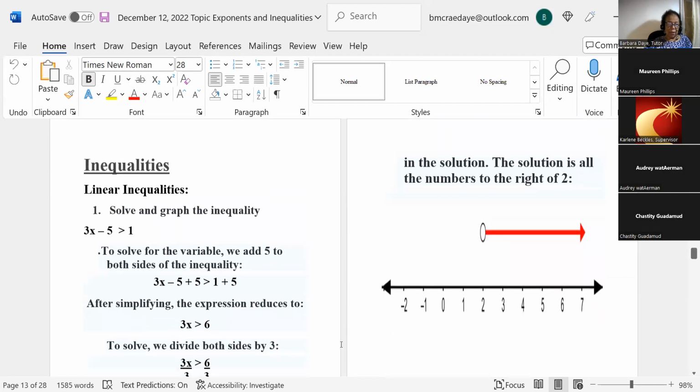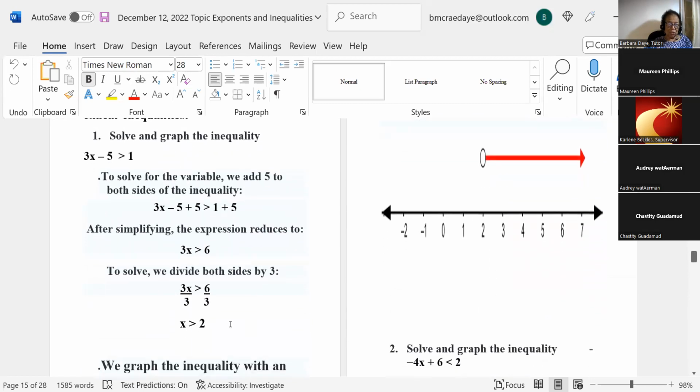So x greater than 2 would go from here to here, except the 2 is not included because it didn't say greater than or equal, it just says greater than. So when you graph it, you leave that unshaded or open.